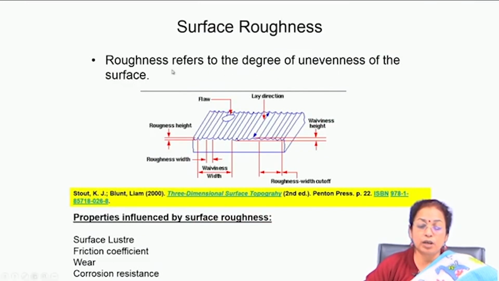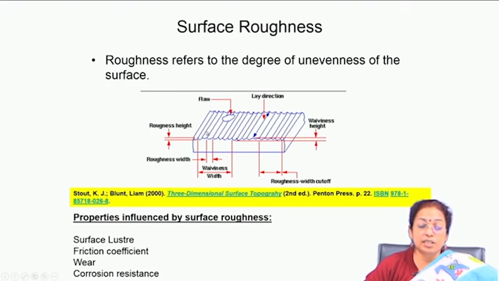So, roughness is nothing but the deviation or unevenness of the surface as compared to its ideal surface, but ideally no surface is roughless. There is always a certain degree of unevenness on the surface.